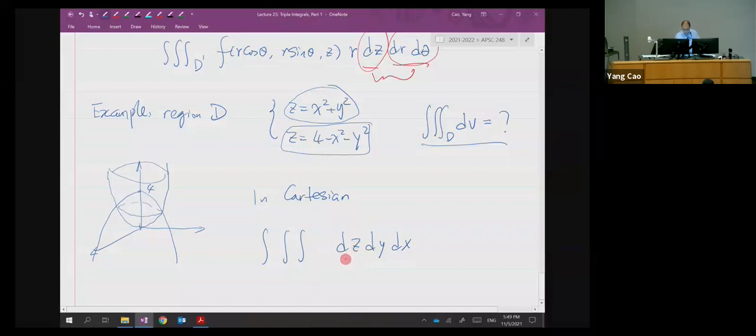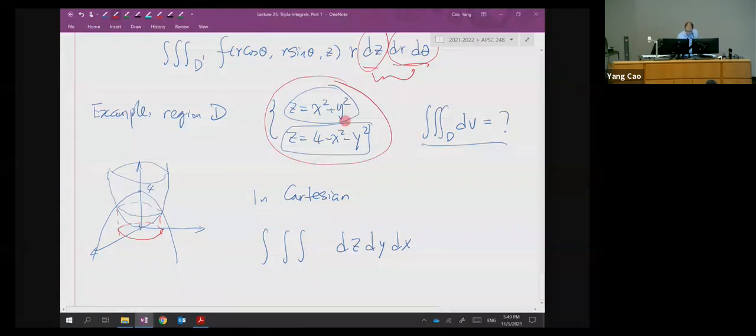If I decided to use dz first, then I need to find the shadow of this region D. So if you project this region D onto the XY plane, you're supposed to get a geometry like this. It's a circle, but why is it going to be a circle? So you have to look at these two together to decide on this projected shadow.